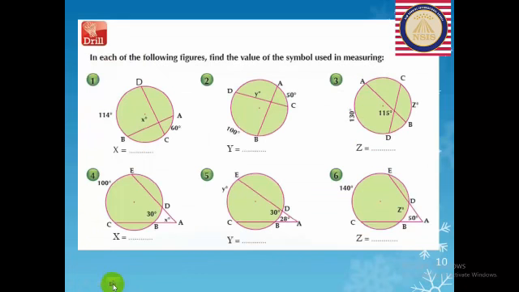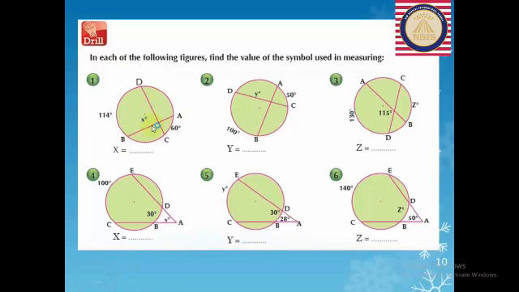Let's solve some exercises here. I want to get this X. How to get it? The two chords are intersecting inside. So I'm going to use which one? I'm going to use the rule with plus.